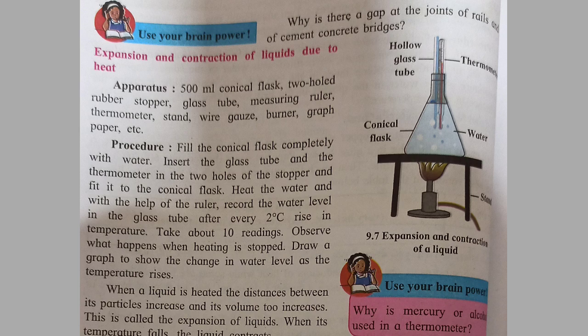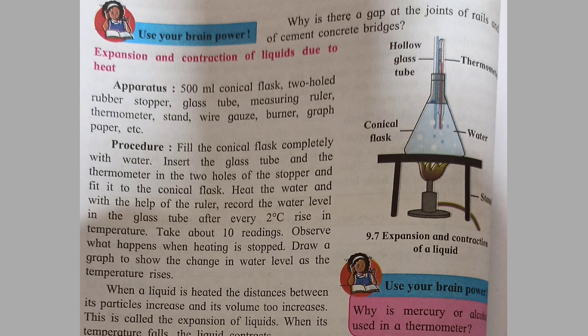Fix a balloon on the mouth of the glass bottle. Hold this bottle in hot water. What happens? The volume of the gas increases on heating. This is called expansion of gas. On the other hand, on removing the heat, the volume of the gas decreases.